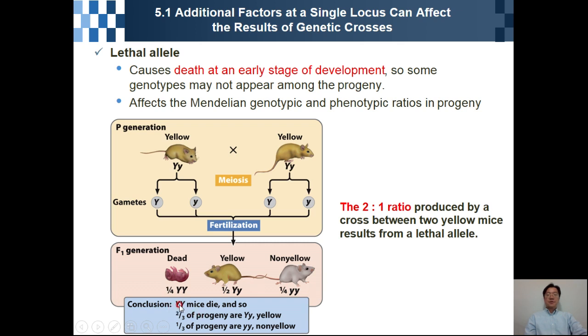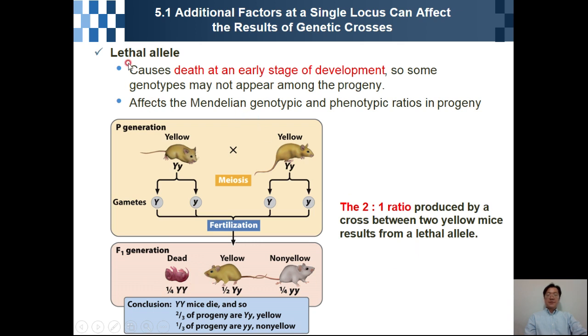So the conclusion is that the large YY mice die, and so 2 out of 3 progeny are yellow, and 1 out of 3 progeny are non-yellow. The yellow genotype will be large Y and small y, because large YY is the lethal allele, so they cannot survive.